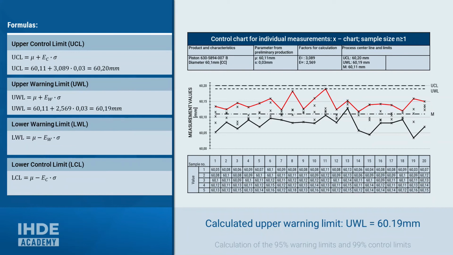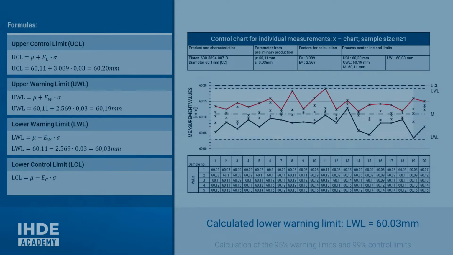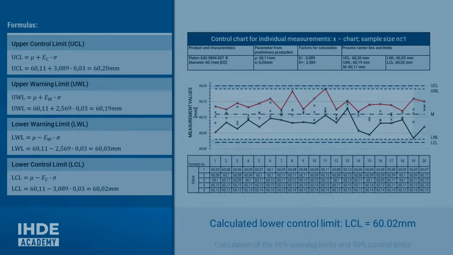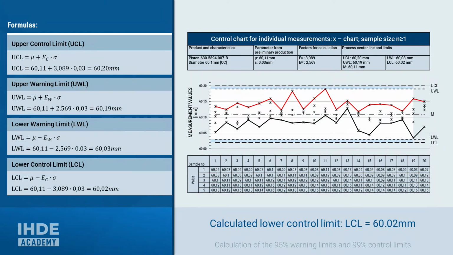A value of 60.19 mm results for the upper warning limit, and a value of 60.03 mm is calculated for the lower warning limit. The lower control limit is 60.02 mm.